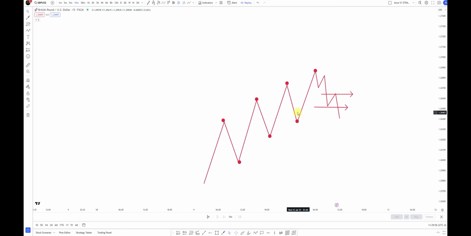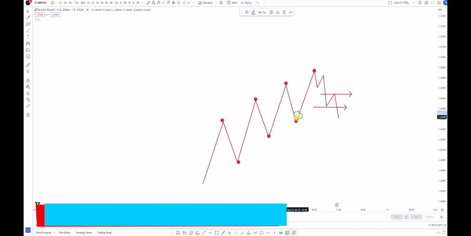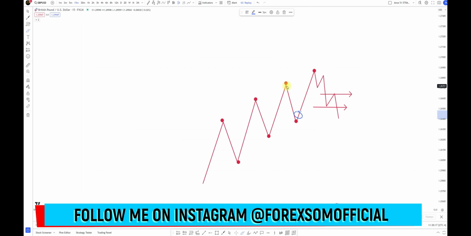If you ever see a break of a structure and you have a demand zone, mostly the demand zone can be found between the higher low and the higher high of this move here before the break of this structure. Usually, most of the time, it sits around this area, which is the extreme area of the higher low before the break of the structure.